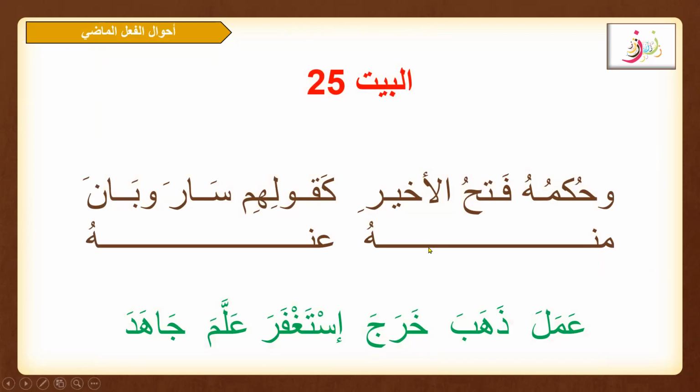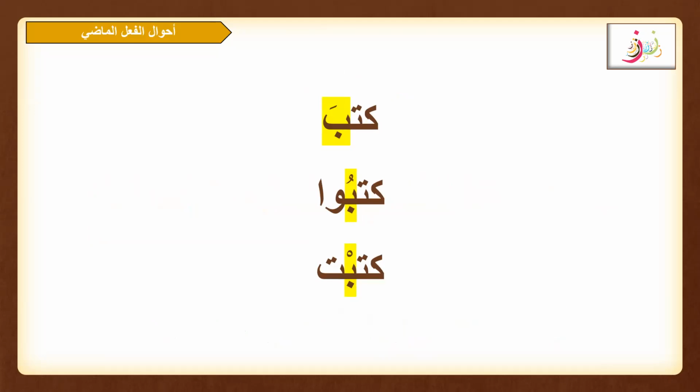Here, one thing I should mention: when Imam al-Hariri said وَحُكْمُهُ فَتْحُ الْأَخِيرِ, some of the ulama say that he actually meant that katabtu, katabu, and kataba, all of these, whether Mabni al-Fatha, Mabni al-Damma, or Mabni al-Sukun, are all Mabni al-Fatha. This opinion is not very popular, but he meant that all the Fa'il Madi are Mabni al-Fatha, and this fatha is muqaddara. So it is hidden.